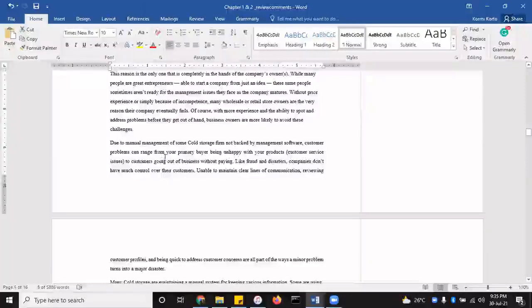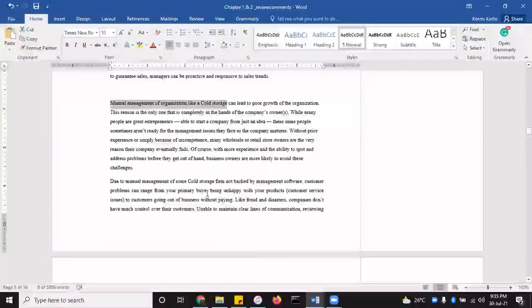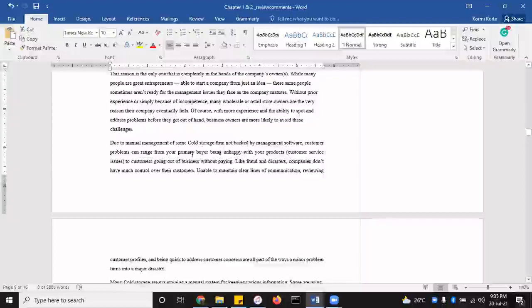Let's move to the second paragraph. Due to manual management, same thing, the cold storage firms do not back up their management software. I'm not sure if this is adding to the first problem statement or building another problem statement. I don't see much of any other.